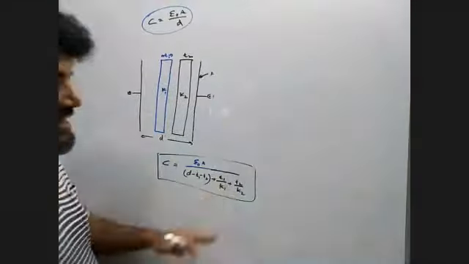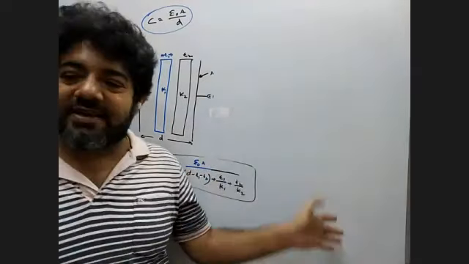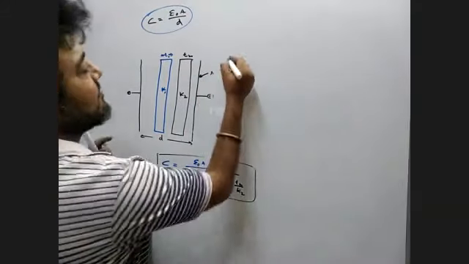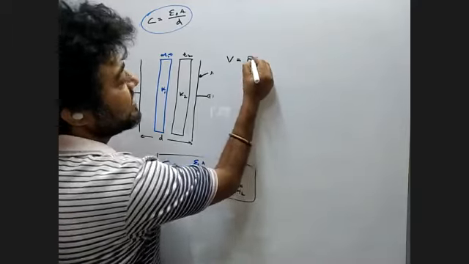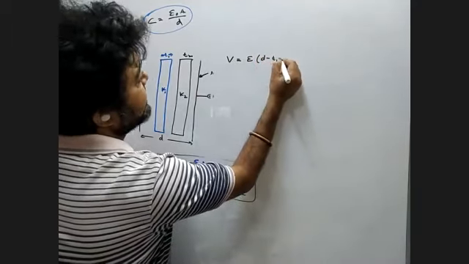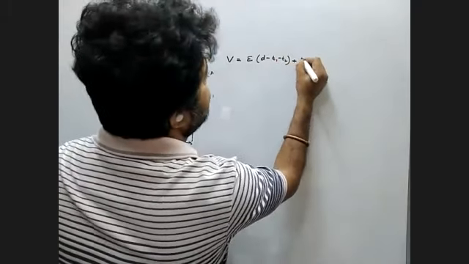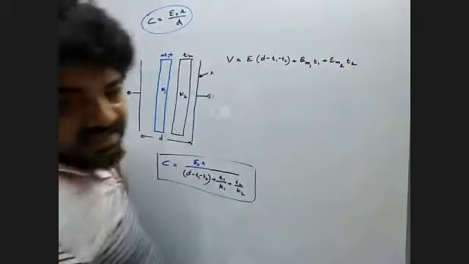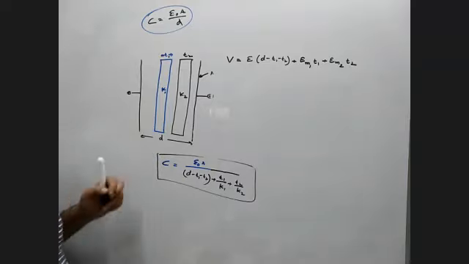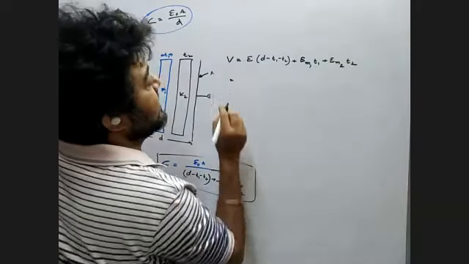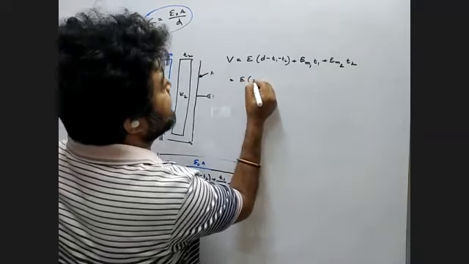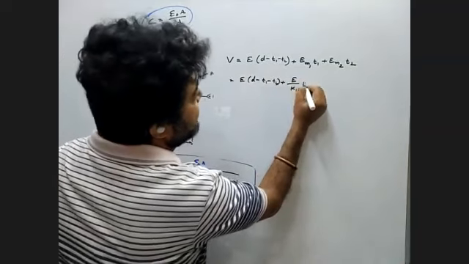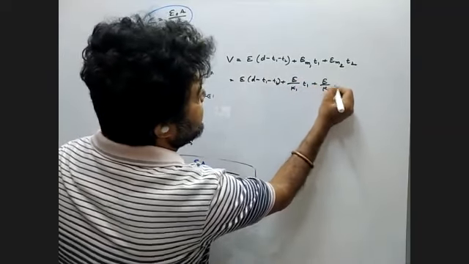Now see, if we want to derive it, maximum the examiner gives a derivation up to one plate, more than one, okay, maximum up to two. So we can try this the same way. Total voltage, that is E, the air part, now D minus T1 minus T2, plus E by K1 T1, E by K2 T2.